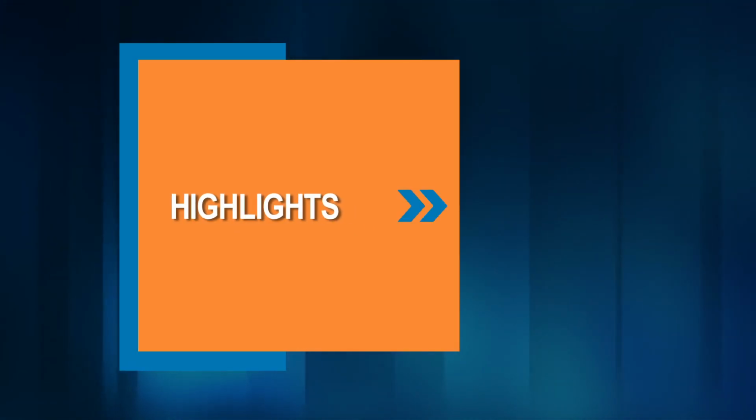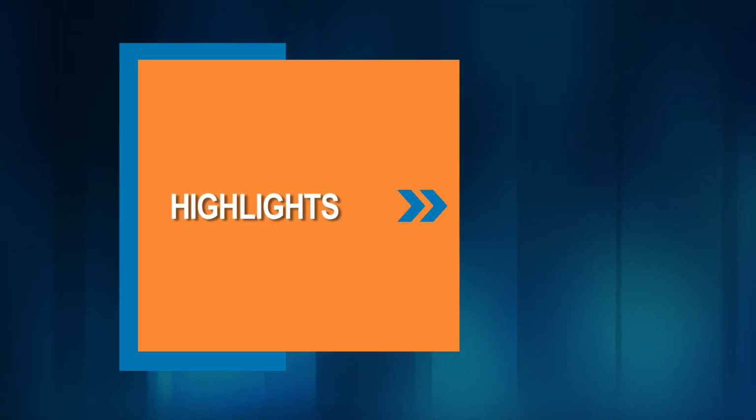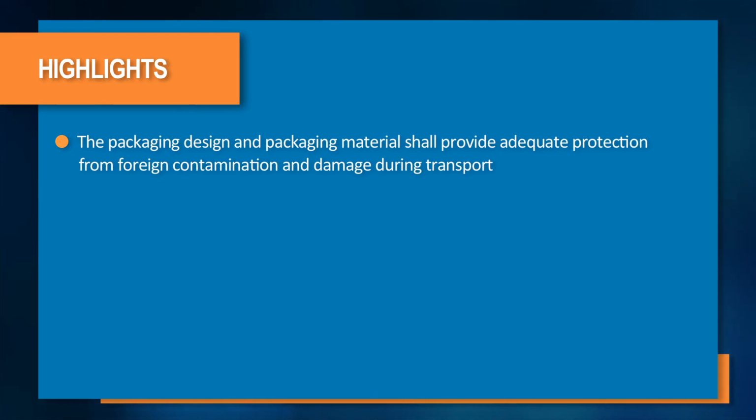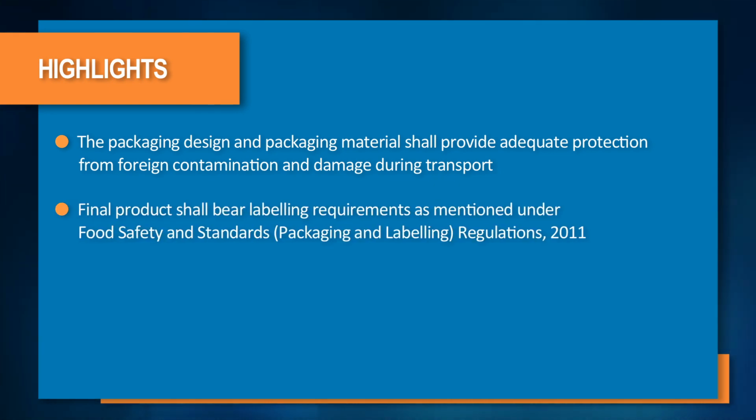The major points to remember in this video are: the packaging design and packaging material shall provide adequate protection from foreign contamination and damage during transportation. Final product shall bear labeling requirements as mentioned under Food Safety and Standards Packaging and Labeling Regulations 2011.